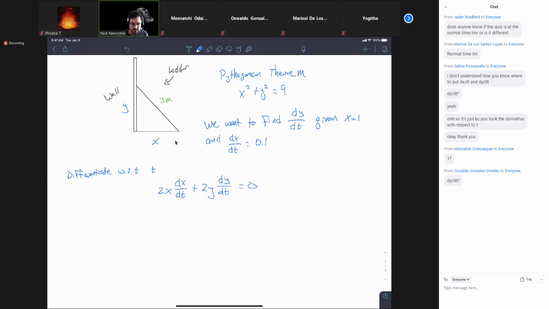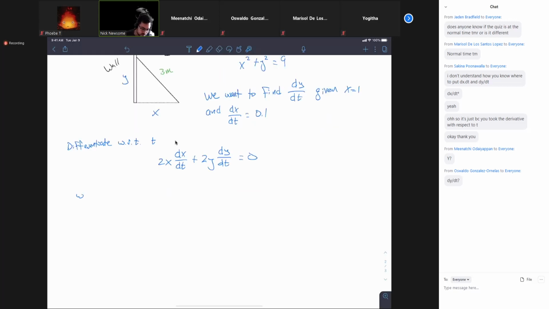Just like in the problem before, there's one more piece of information I need. I need to know what y is, but I know what x is, so I can use the Pythagorean theorem to compute. When x equals 1, we get 1 squared plus y squared is equal to 9. I'm not going to show the details because it's not super complicated. y is the square root of 8.